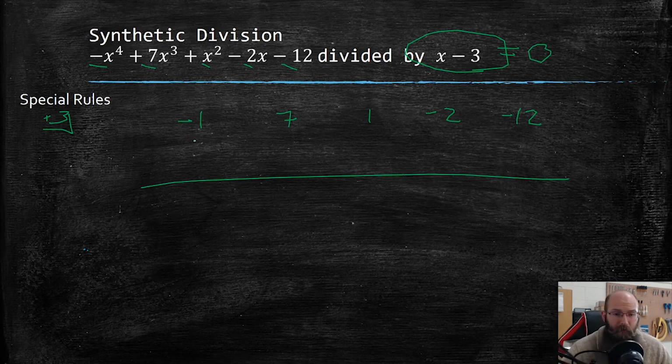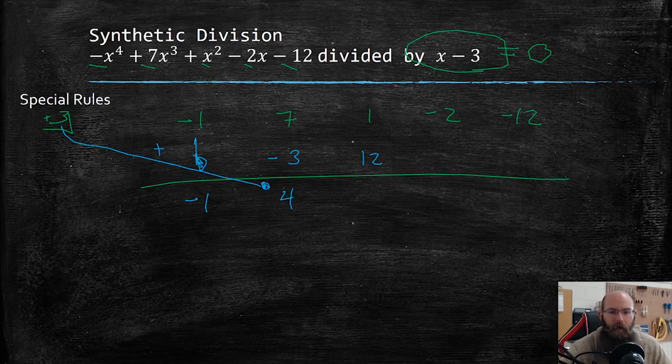So then I'm going to take this first number, drag it straight down, and get a negative 1. 3 times that negative 1 gets me a negative 3. I'm adding these straight down, and that gets me a 4 here. Take that 3, multiply it to that 4, and I get a positive 12. Adding down, I get 13.